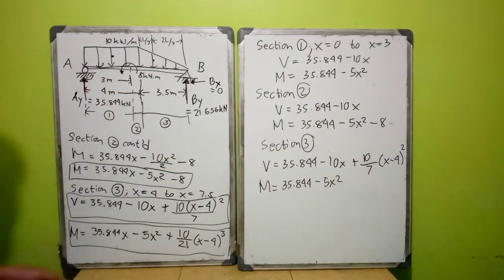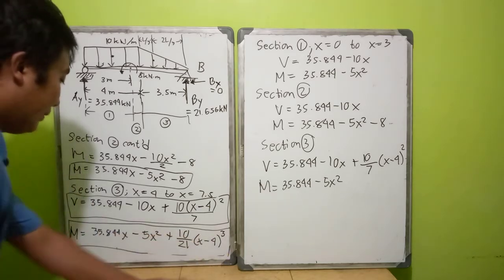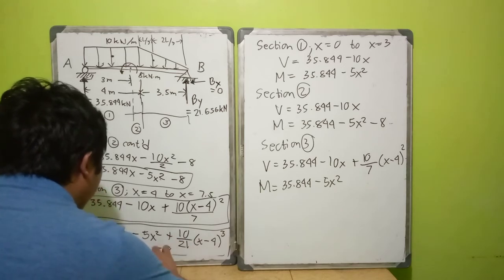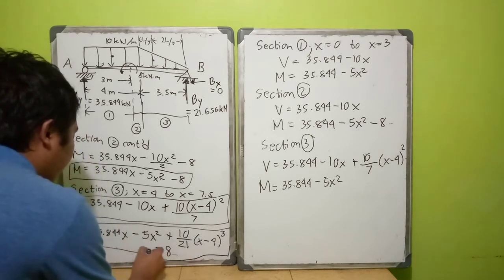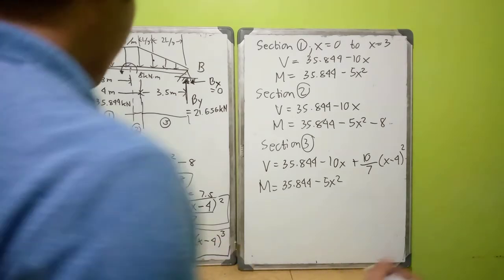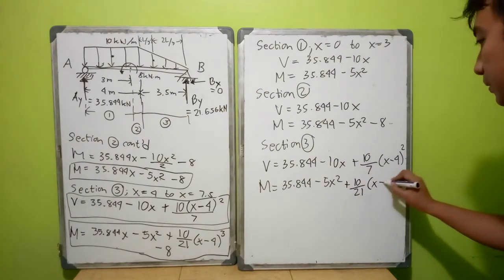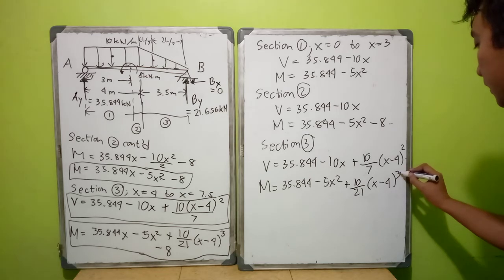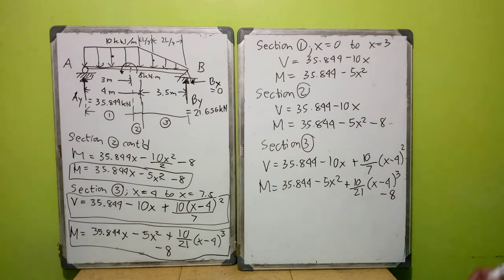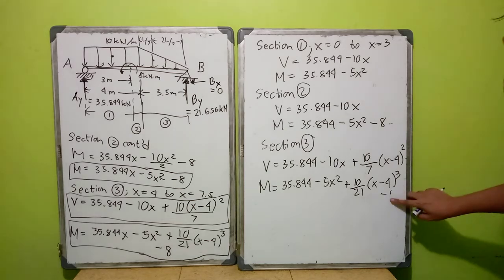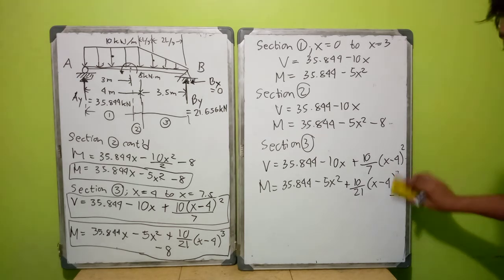Since there is an effect, this will be 10 minus x minus 4 minus 8. Minus 8. So this will be a part of your equation, the negative 8.